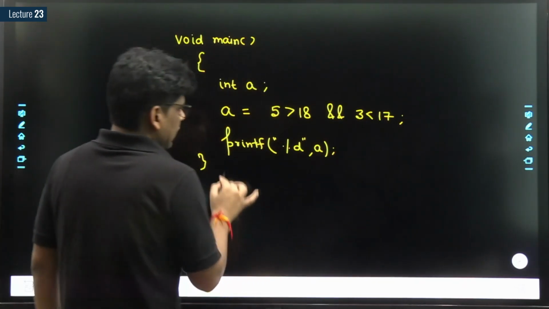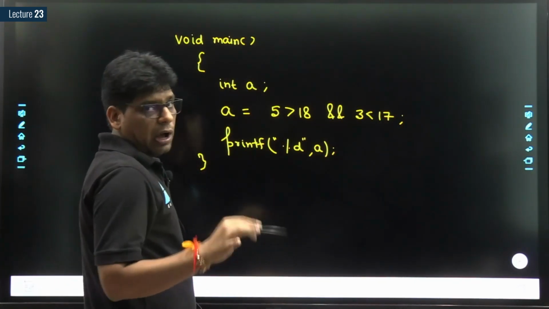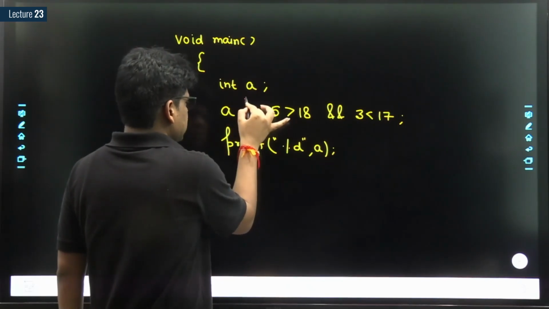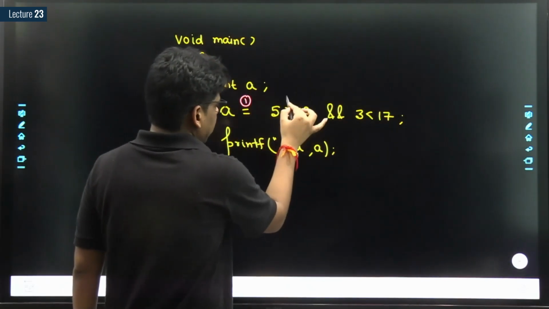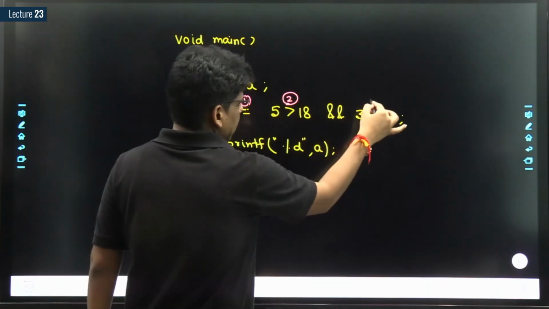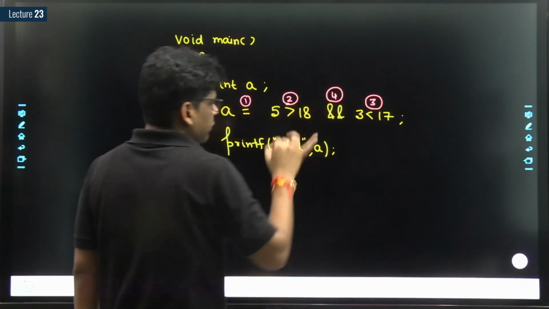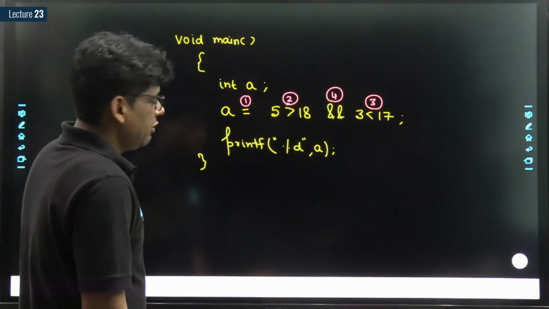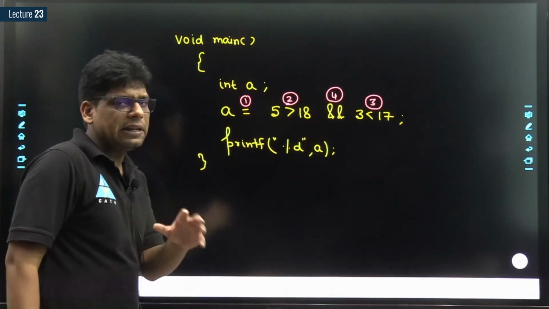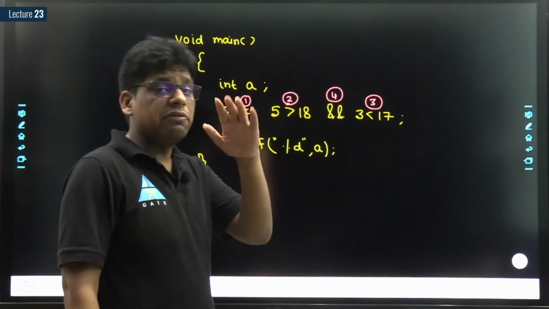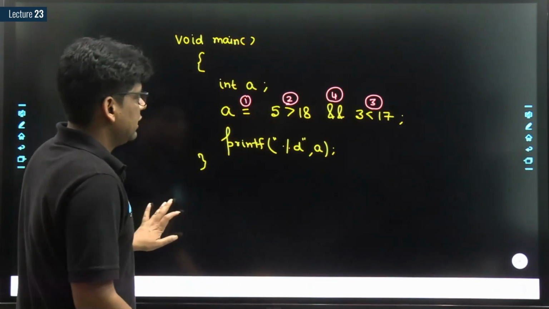In this expression, how many operators are there? First one is equal to, second one is greater than, third one is less than, and fourth one is AND. Okay, sir, we have already talked about the priority and associativity of all the operators we have discussed till now.